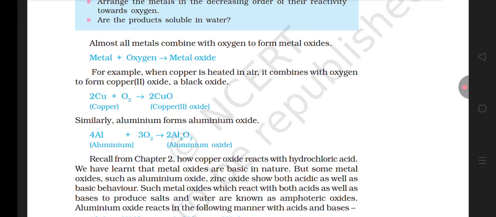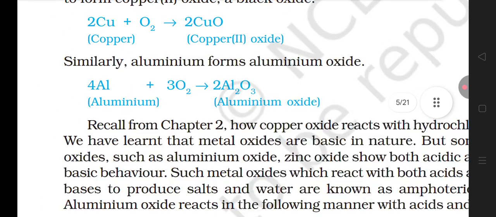Now to balance this equation, we put 4 in aluminium and we put 3 in oxygen. Why 3 in oxygen? Here you will find 2 O2, the O written in the downward side.